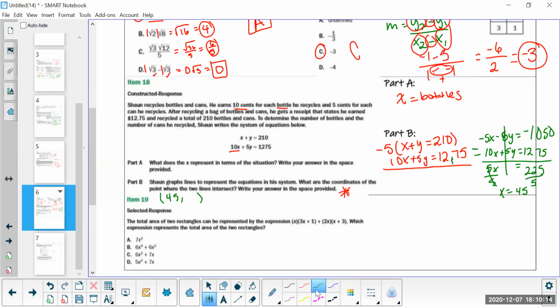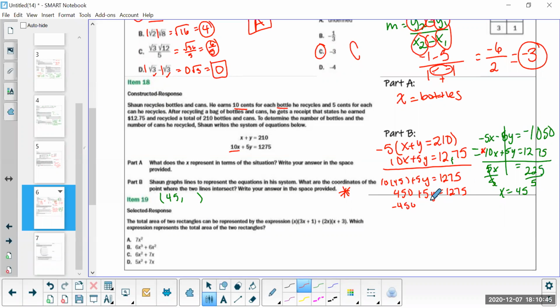Now we have to solve for y. So we're going to take this second equation. It's not as messy up here. So 10, take out x, put in 45, plus 5y equals 1275. And 10 times 45 is 450 plus 5y equals 1275.